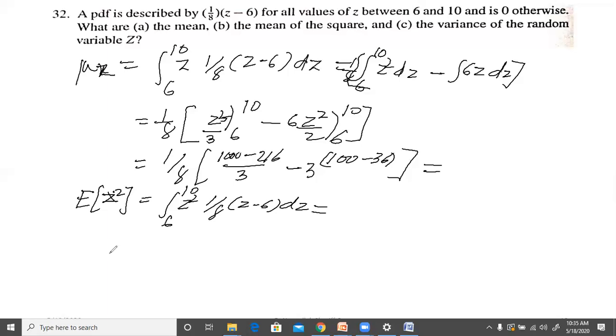Once you solve that, what is left is just sigma z square. That will be E of z square minus mu z square. You just need to write this and the square of this quantity, and you'll get the values. I hope you can solve this. So I'll just remove the annotation, try to solve that and find the solution.